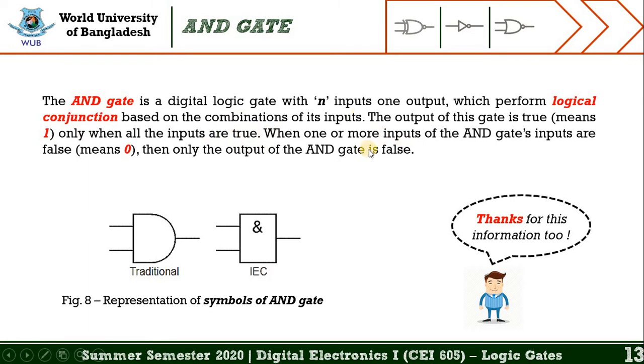When one or more inputs of the AND gate are false, which means 0, then the output of the AND gate is false. And figure 8 represents the symbol of the AND gate. One is the traditional symbol and the other one is the IEC symbol. So let's move.